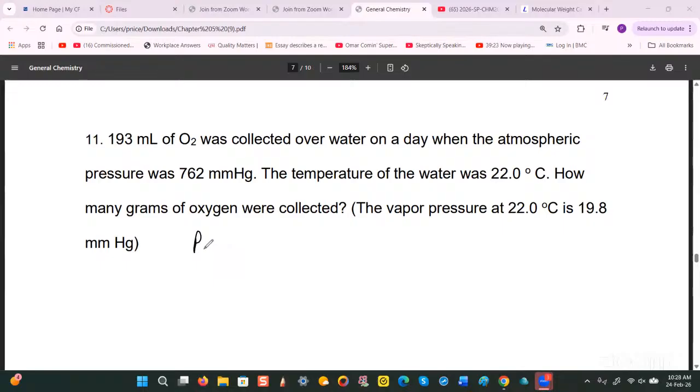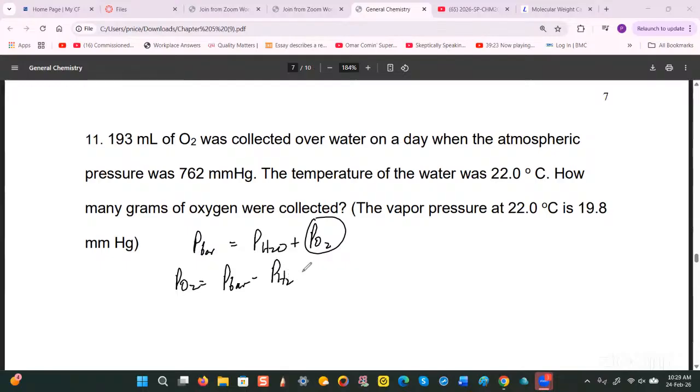The barometric pressure is equal to the vapor pressure of water plus the pressure of the gas, in this case oxygen. So what we need to do is find the pressure of the oxygen, right? The pressure of the oxygen would be equal to the barometric pressure minus the vapor pressure of water.